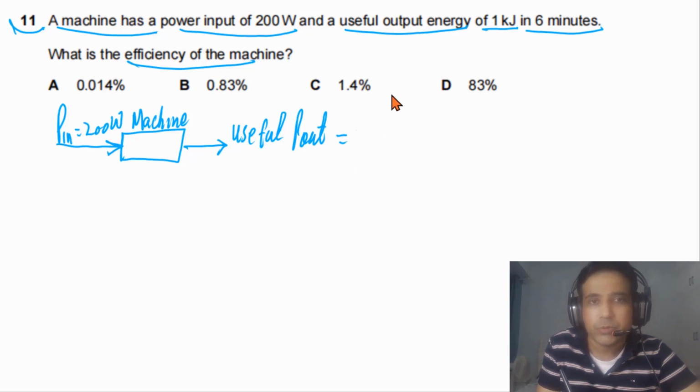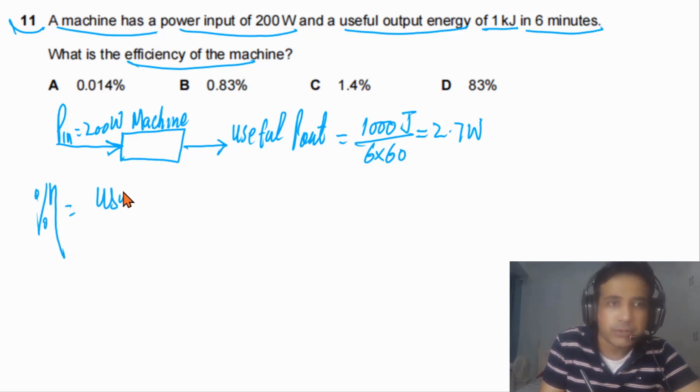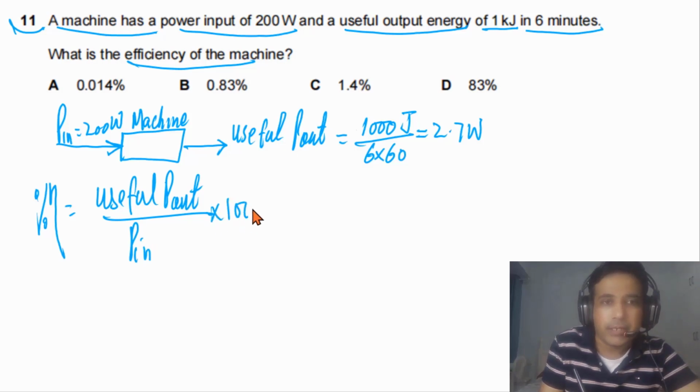Energy over time. So in this case we have energy that is equal to 1000 joules and we need to divide by time taken. Time taken is 6 times 60 because 6 minutes. If we solve this one, we will get 2.7 watts. Now we need to calculate efficiency. Percentage efficiency simply is equal to useful P out divided by total P in, multiply by 100.